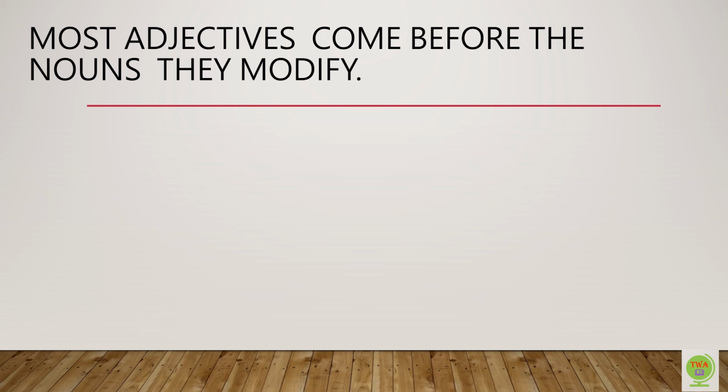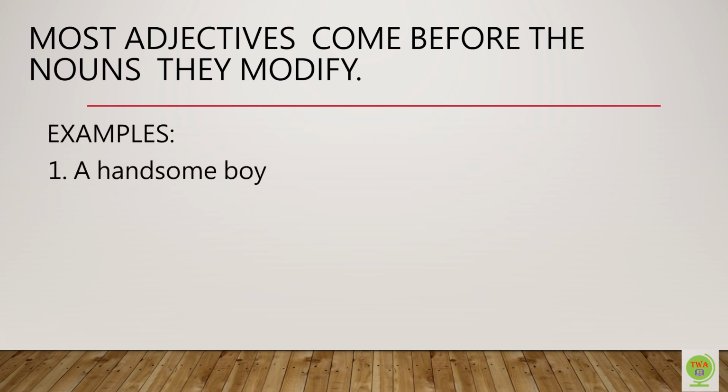So let's see the examples that we have here on the slide. Example number 1, a handsome boy. Can you please tell me which one is an adjective? Yes, if your answer is handsome, you are correct, because handsome describes the boy, and boy here is a noun.